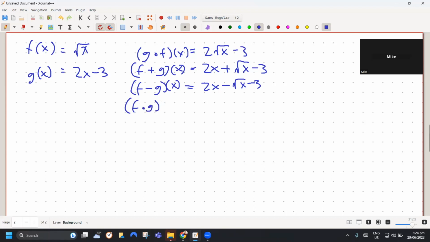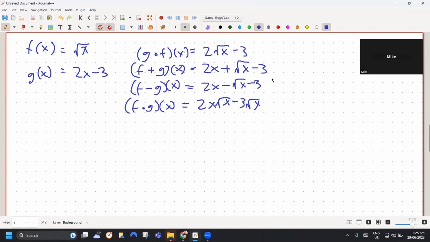Walang yellow circle. Okay. So the product is... okay.